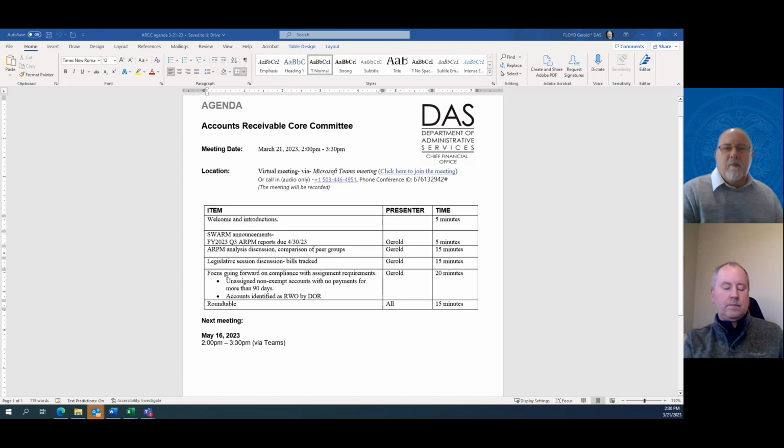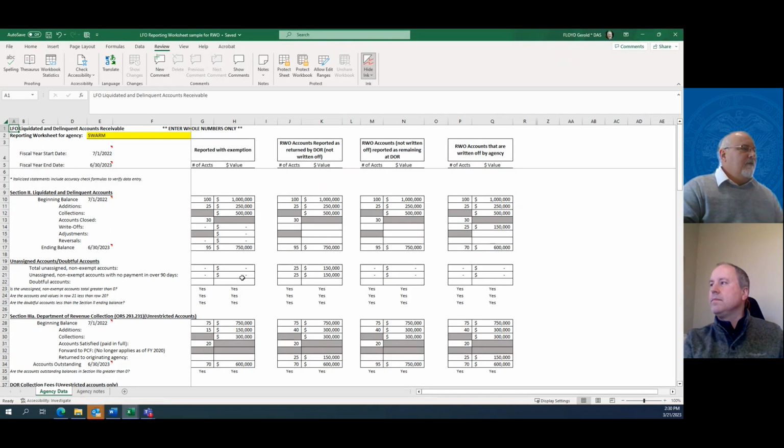And so I want to share, for those of you that have used the LFO reporting worksheet before, this will look familiar to you. This is my showing some examples. I've changed the column headers, just to show you what we're looking at.